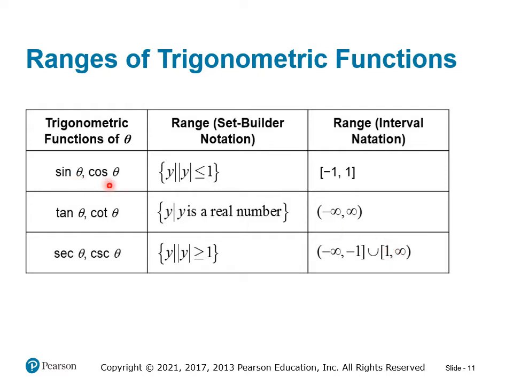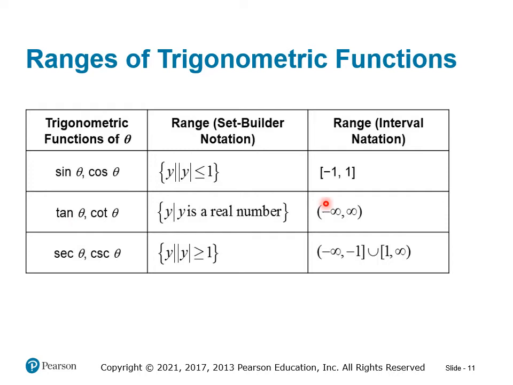For sine and cosine, the values have to be between -1 and 1. So sine cannot be 1.5, it cannot be 2, cosine cannot be -2, etc. The values for sine and cosine have to be between -1 and 1 inclusive.